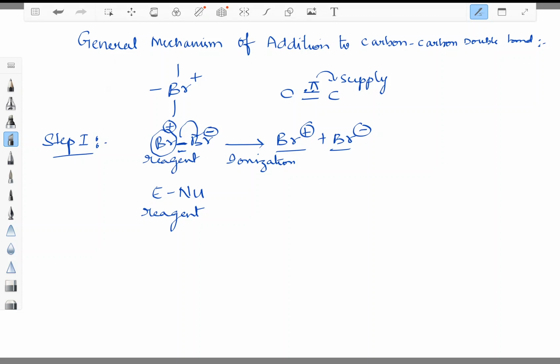This reagent, which I am naming E-Nu, undergoes ionization in the first step to form E plus and Nu minus. I have deliberately given it E plus to remember it as electrophile.